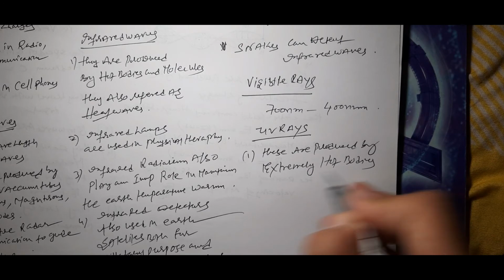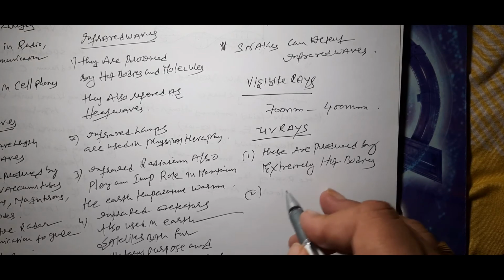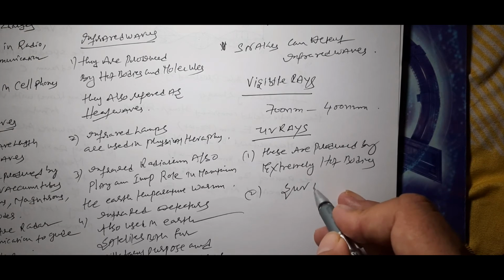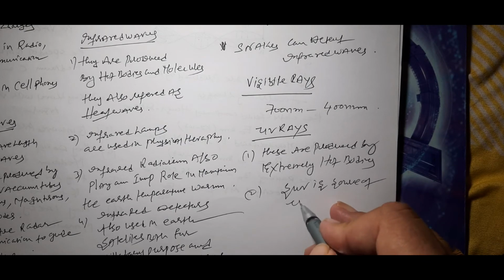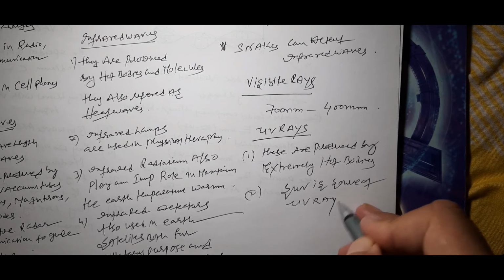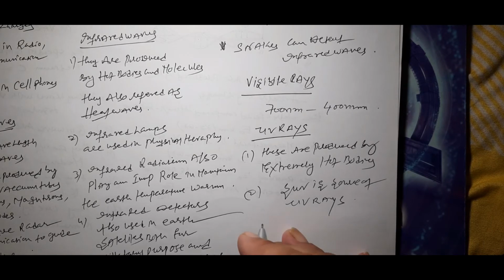Extremely hot bodies means the only source is the sun. The sun is the source of UV rays. So from the sun we receive UV rays on the earth.